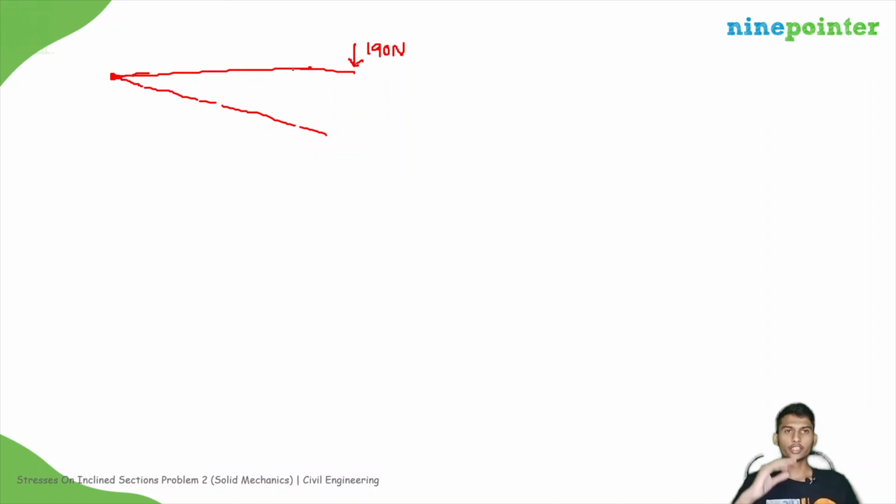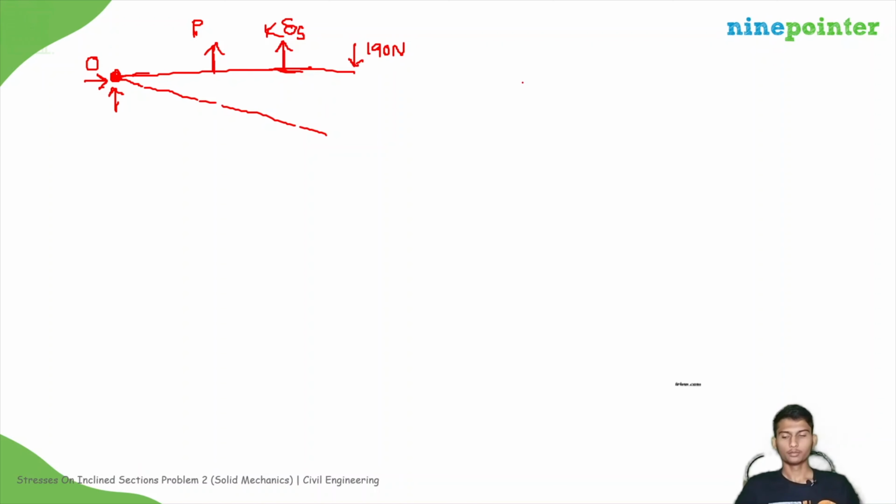The spring is compressing, so the spring will apply an upward force on this bar, which will be equal to K into del S. Similarly, an upward force from the plastic bar will be equal to P. This is some point O, where there will be reactive forces.